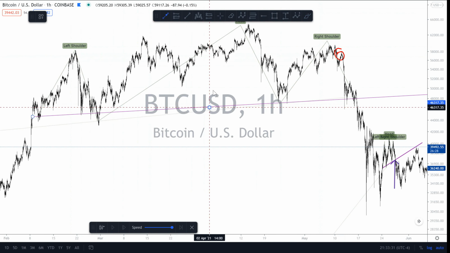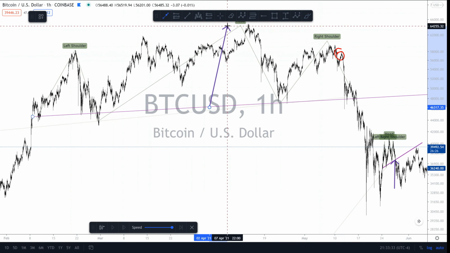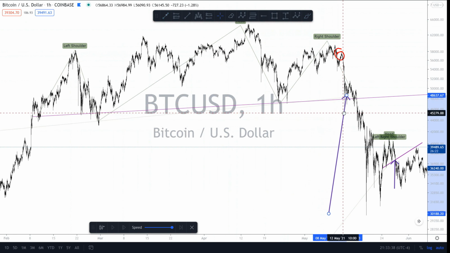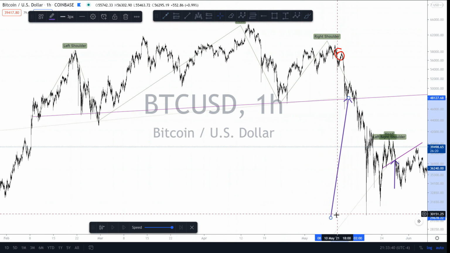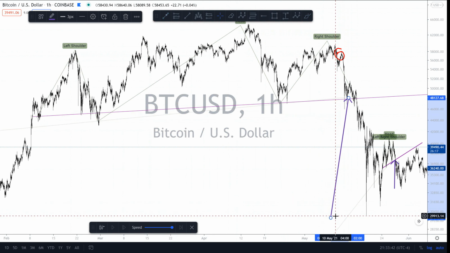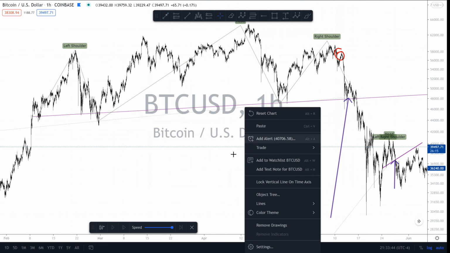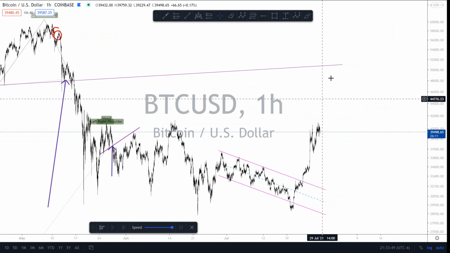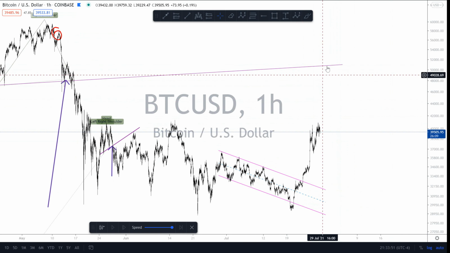And if we measure the distance of this neckline to the top of the market, pull it over, we basically have a region where Bitcoin should fall to. And remember what I just said, whenever that head and shoulders pattern is completed, look for the market to retrace right back to the neckline.